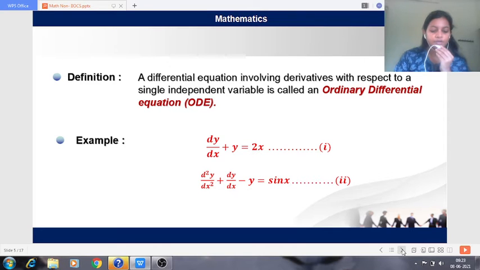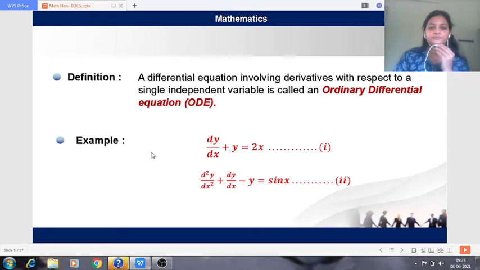What is an ordinary differential equation? Ordinary differential equations always involve derivatives with respect to a single independent variable. That is, a differential equation involving derivatives with respect to a single independent variable is called an ordinary differential equation.